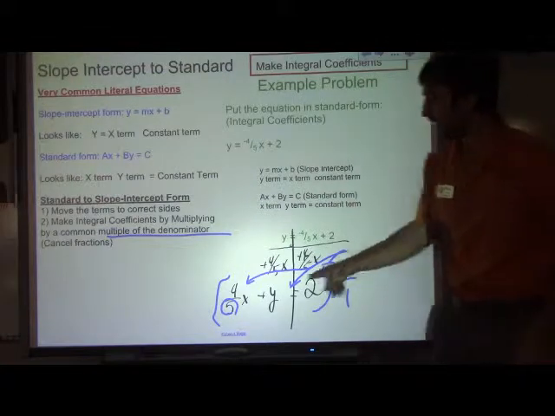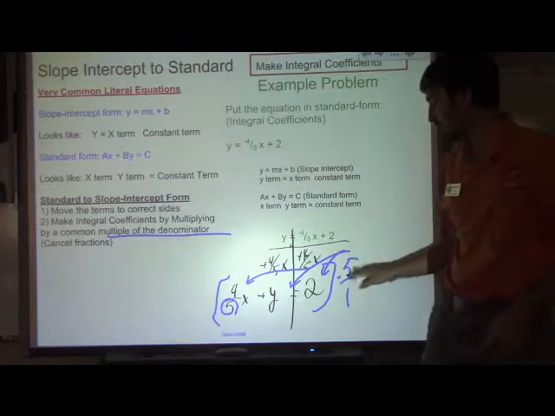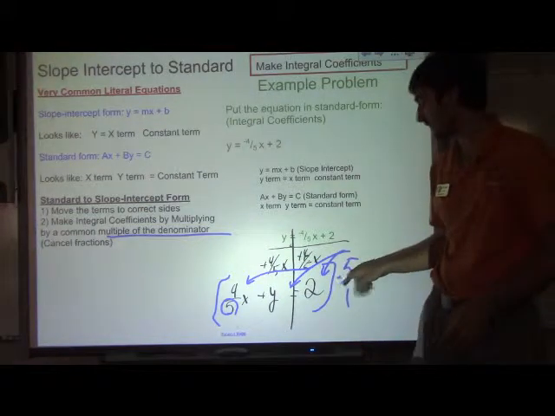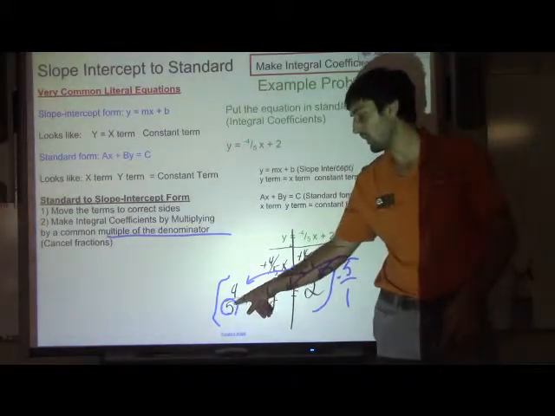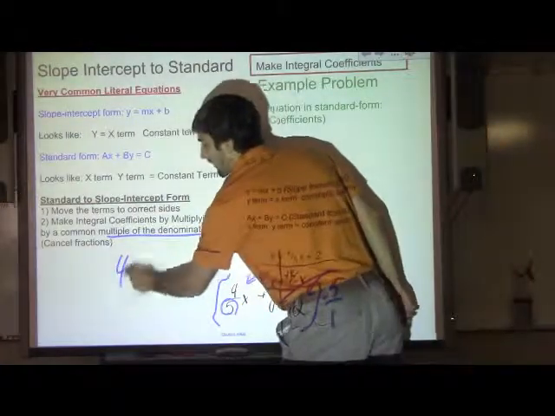So here you say 5 times 4 is 20, 20 divided by 5 is 4. Or a quicker way, I like to do the division first. 5 divided by 5 is 1, 1 times 4 is 4. So this turns into 4x.